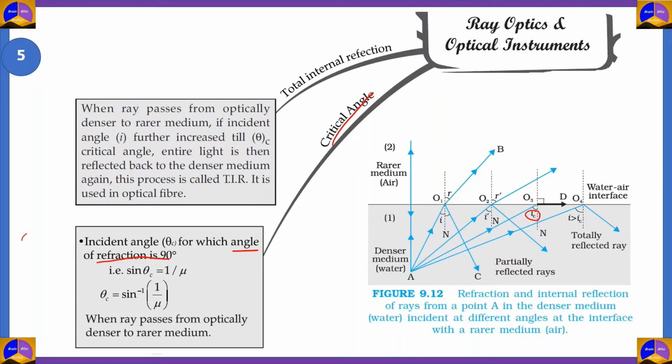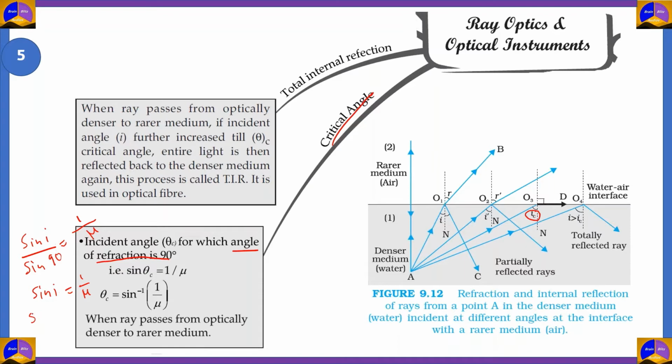In this scenario, we can write sine I divided by sine R, where R is 90, so that's sine 90, is equal to the refractive index of the first medium, the second medium is 1, and the refractive index of the first medium is, say, mu. So sine 90 is also equal to 1, so sine I is now equal to 1 by mu.